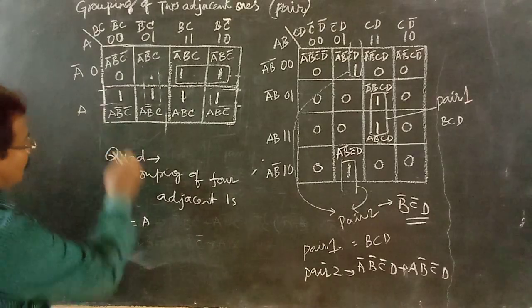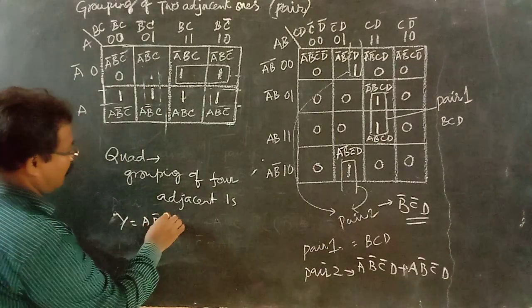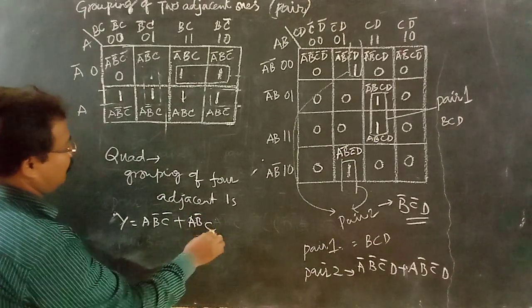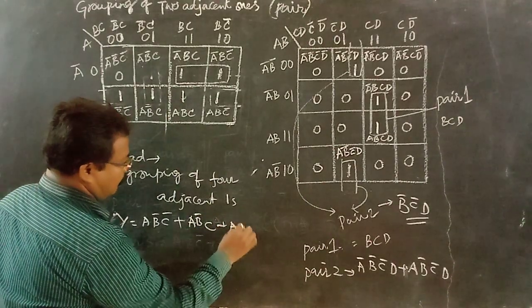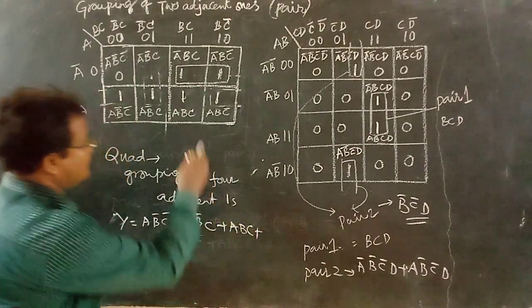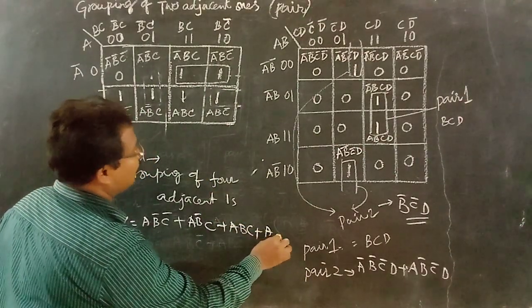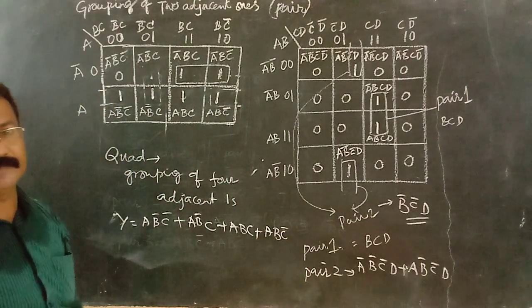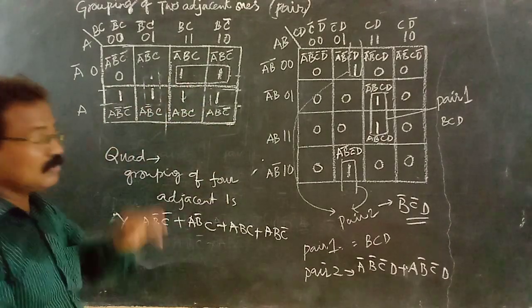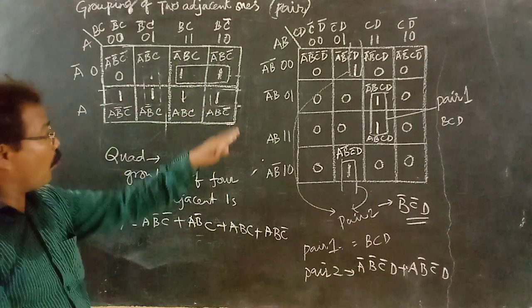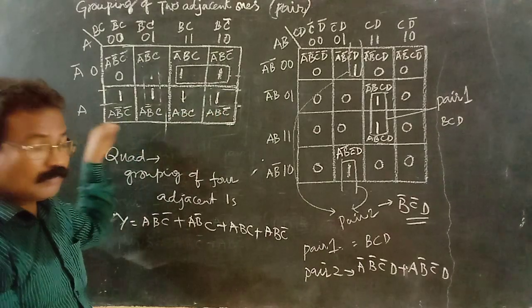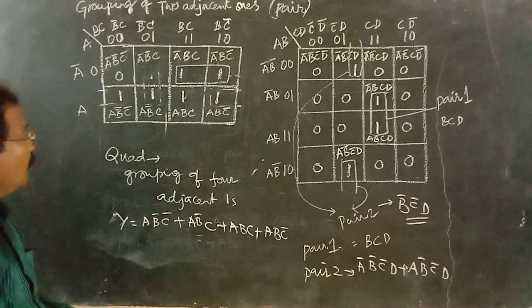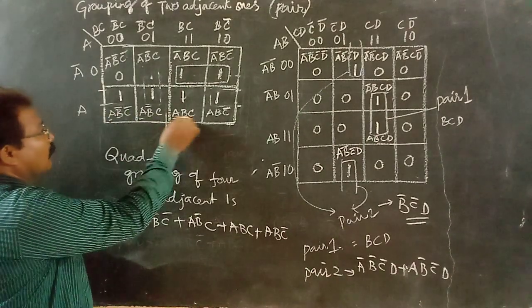What are the 4 cells? A, B bar, C bar plus A, B bar, C plus A B C plus A, B C bar.